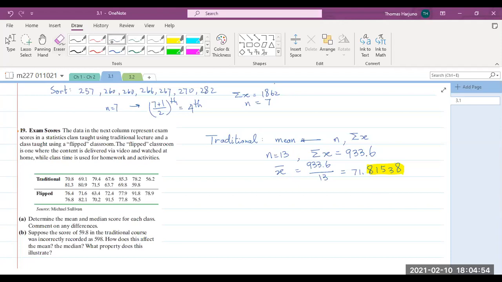Now how about the median? I need to sort it first. I start from the smallest one. I think the smallest one is 56.2. And then 63, I think. That's 63.7. And oops, no, 59.8. 59.8, then 63.7.